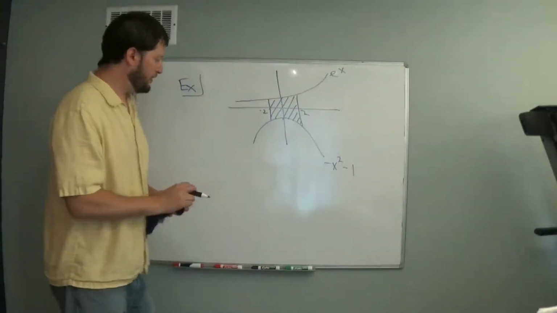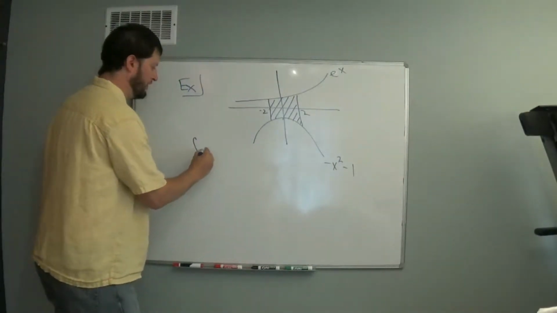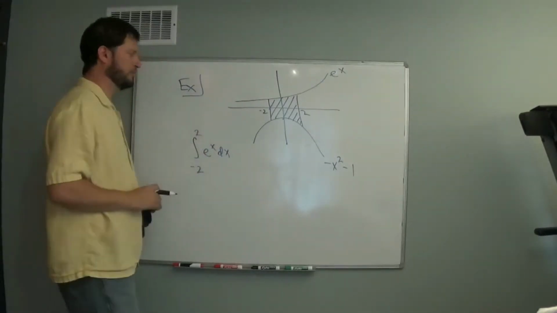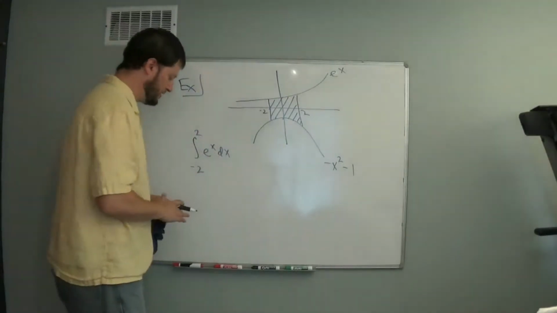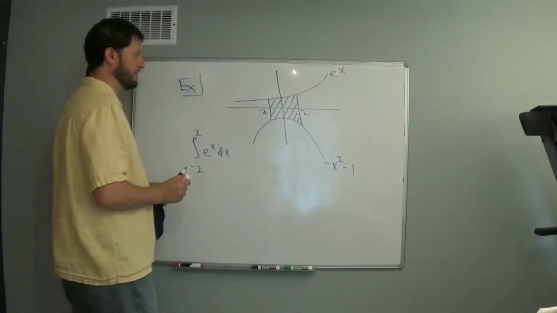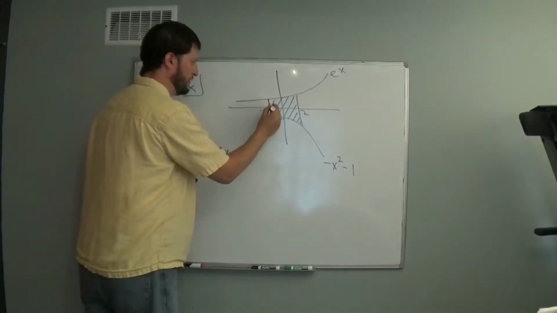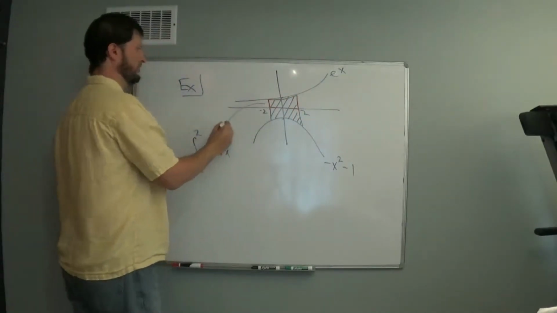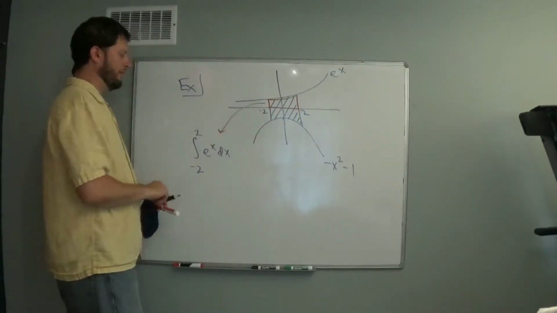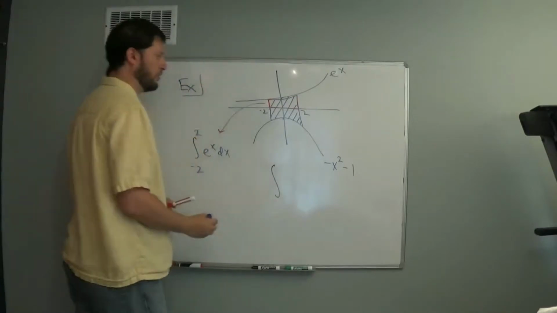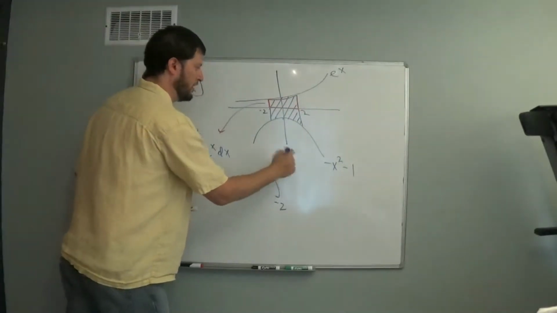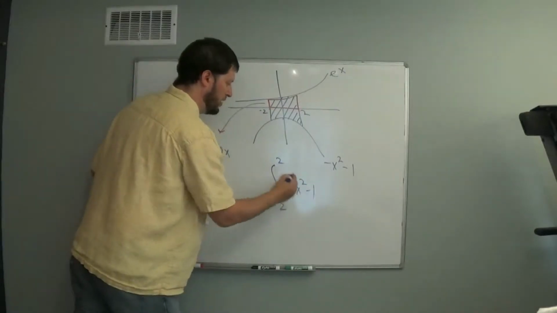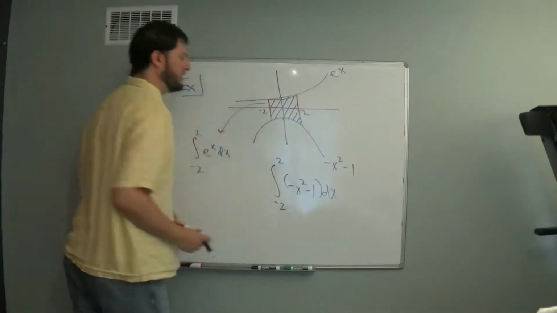All right, if I took the integral of e to the x from negative 2 to 2, that's going to get me this area right here in the red. If I find the integral from minus 2 to 2 of the bottom curve, negative x squared minus 1, what does that get me?